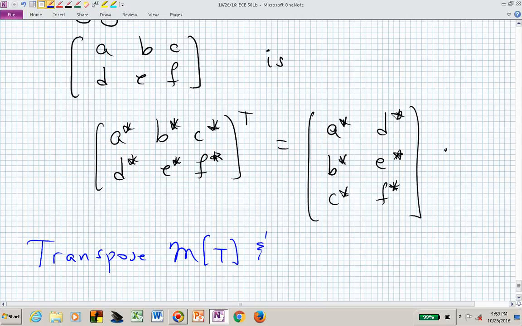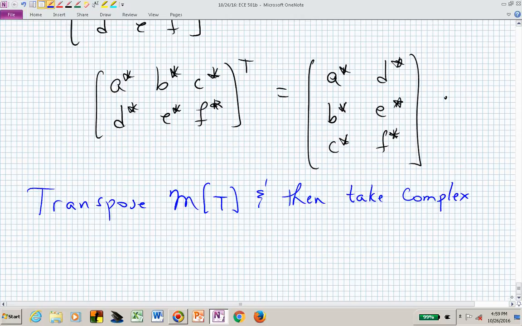We could take the conjugate and then transpose it, or vice versa.